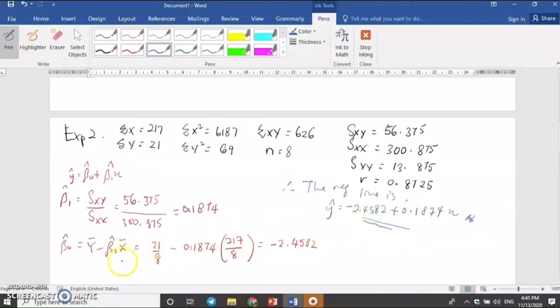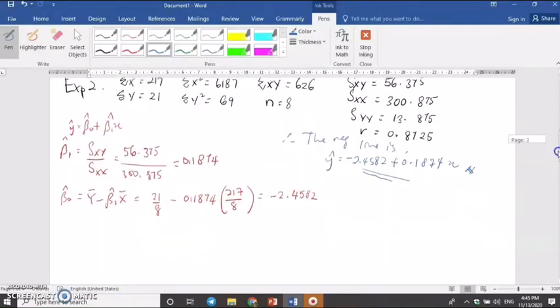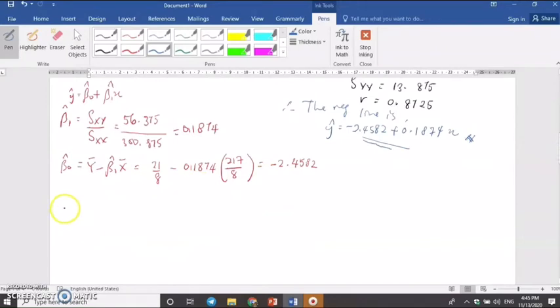For the next one is explanation. Okay, so move forward to beta 0 first. So beta 0 is equal to negative 2.4582.